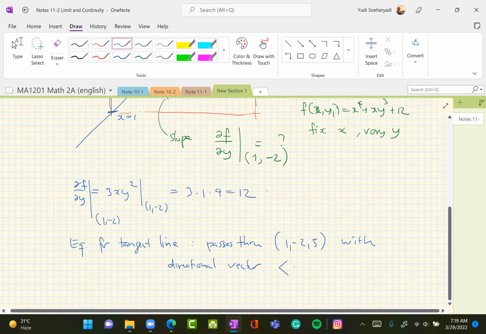Slope 12 means z rises by 12 if you move y by 1. Okay, so the directional vector should be, if you move y by 1, then z moves by 12.